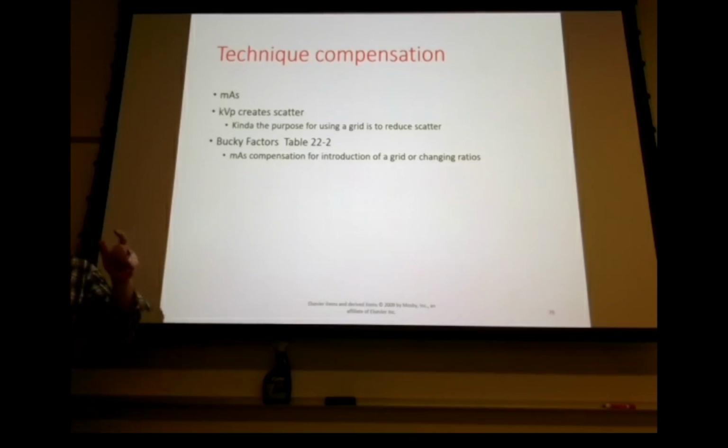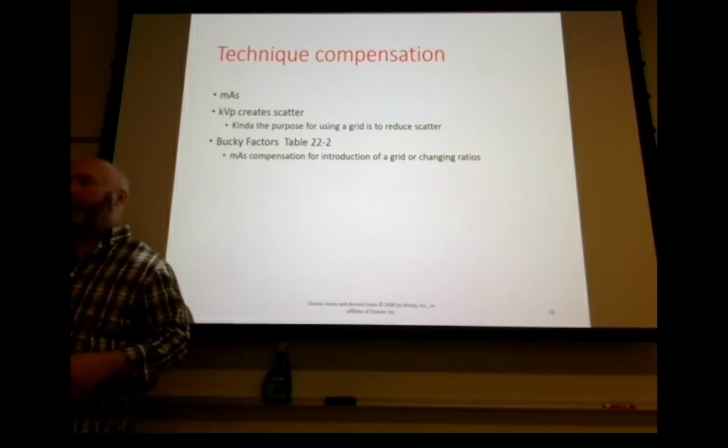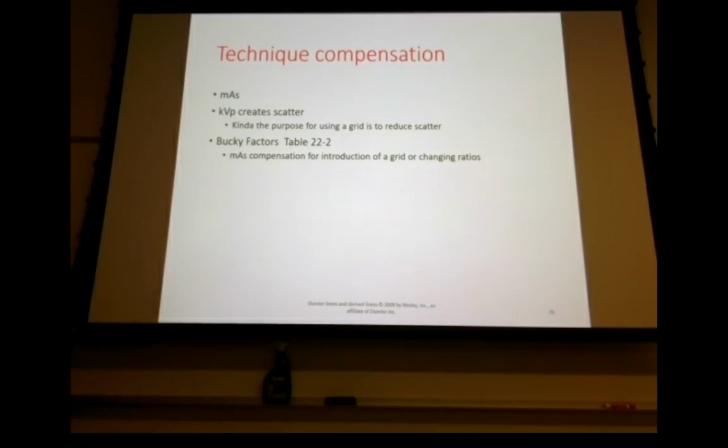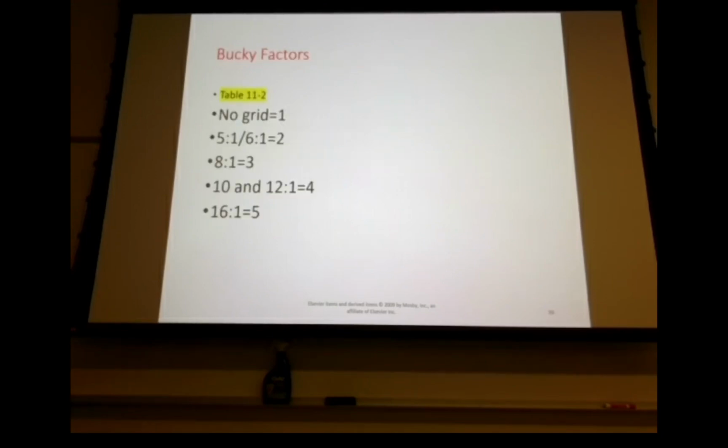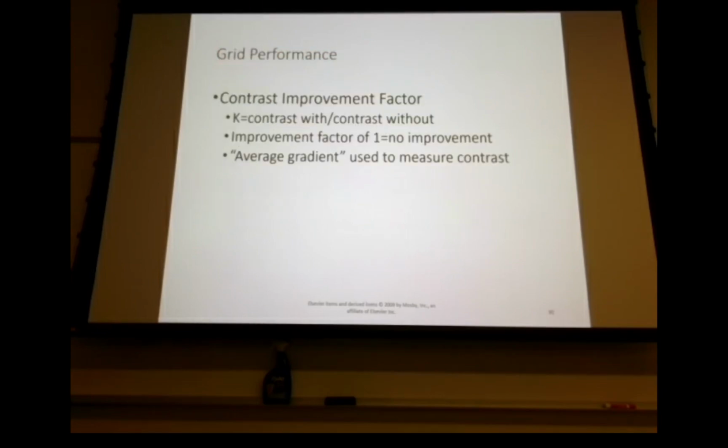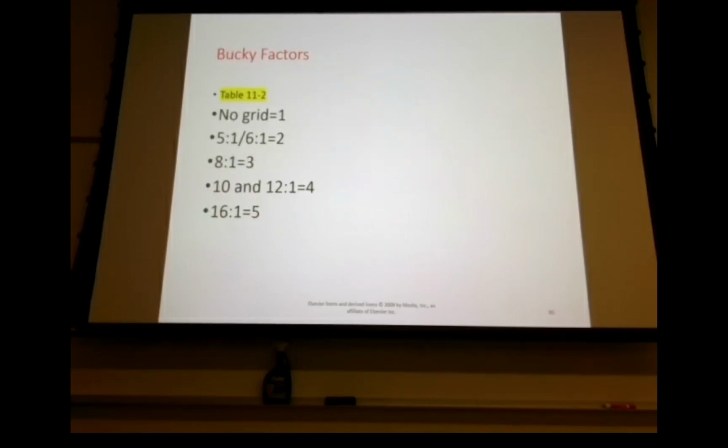So you check both of those boxes, but it's just not worth the extra exposure to the patient. It's not worth the delay in the examination or any of that to go get a grid for it.